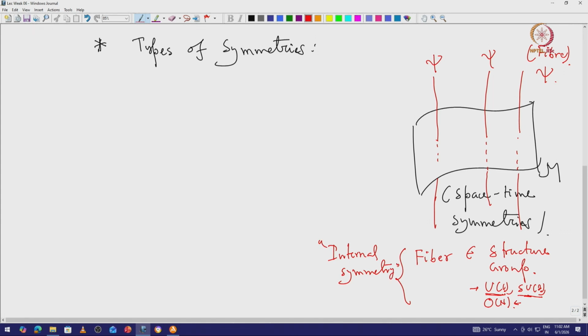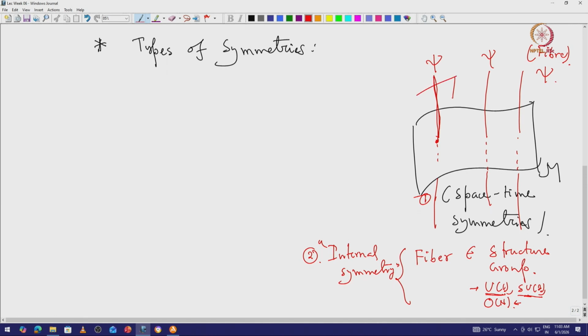Okay. And there will be more. So, now we talked about 2 types of symmetry then. One is space time, another is internal symmetry. So, internal symmetry, by the way, is local within a given base point in your base manifold. So, each wave function is kind of a vertical line, kind of a fiber which belongs to some Hilbert space or a vector space.